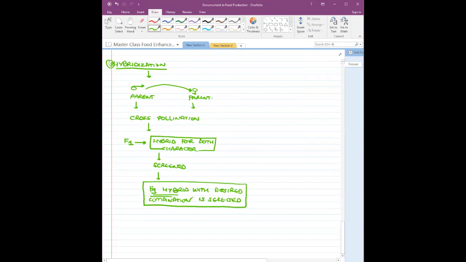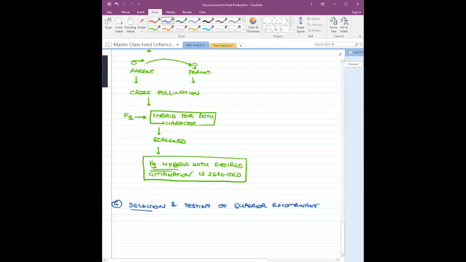Okay, so let's try to see what is going to happen. From these hybrids that we have got, we are going to go for selection and testing of superior recombinant. Okay, now what are we going to do, guys?